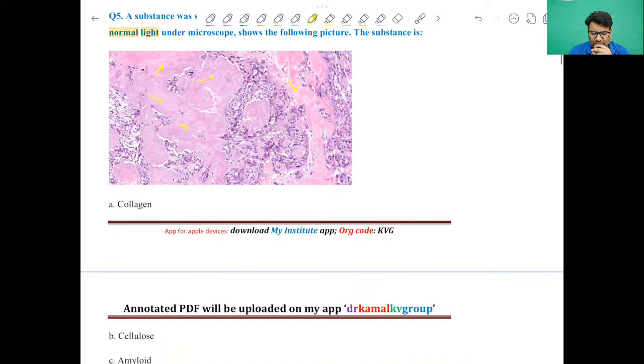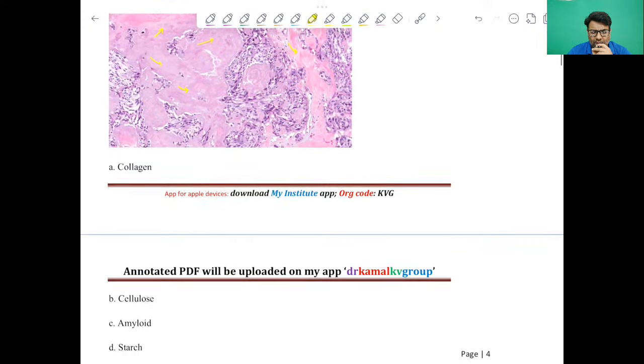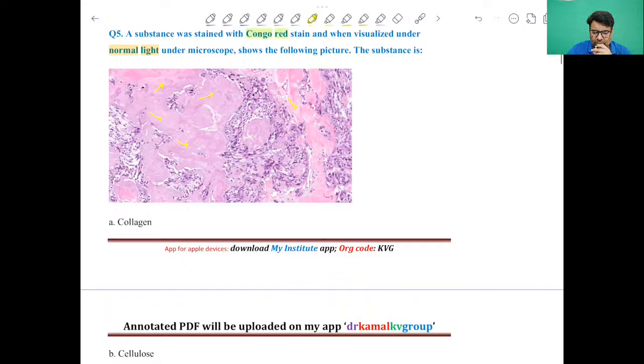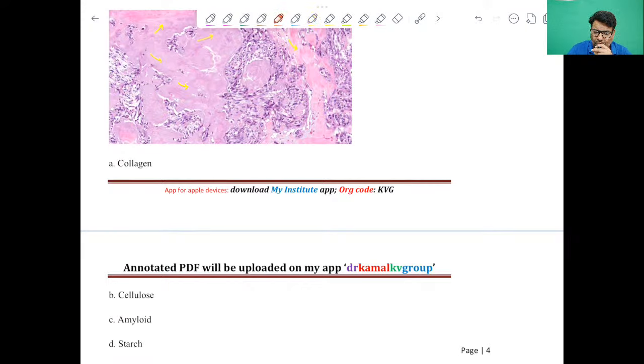What will the substance be? So Congo red staining, and there is pink color appearance under light microscopy.